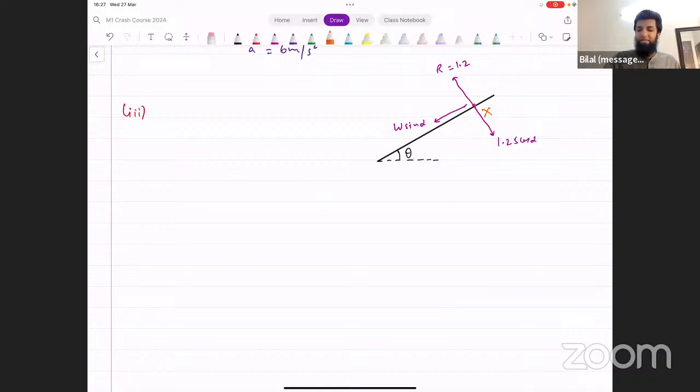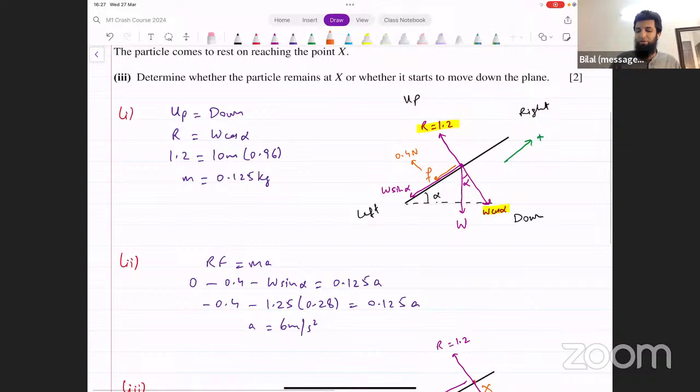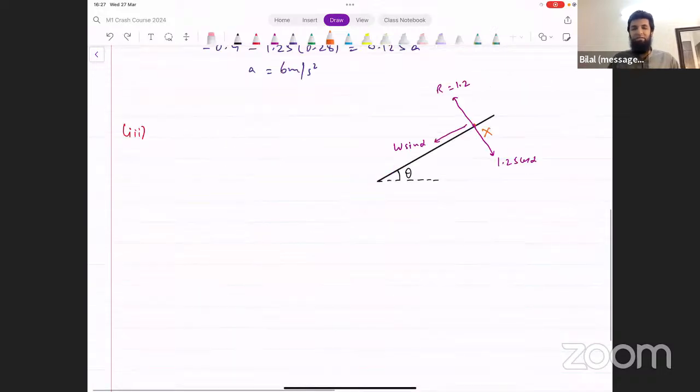In the previous case, the particle was moving up the plane, so friction was acting downwards. Now, when the particle comes to instantaneous rest, because of its weight it's going to try to slide down the plane. Friction is going to oppose that possible motion, and it's going to act in this direction. That's the direction of friction.